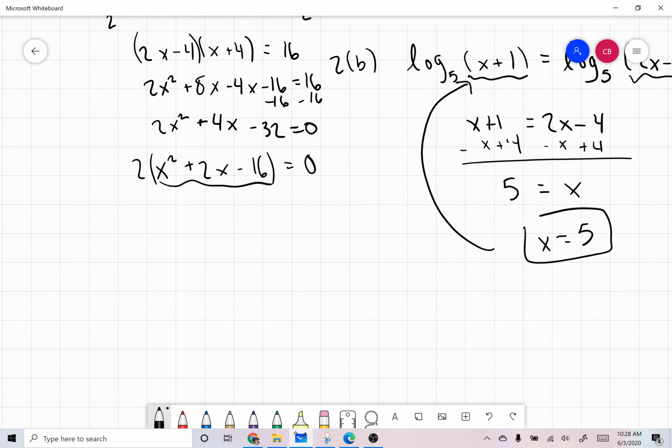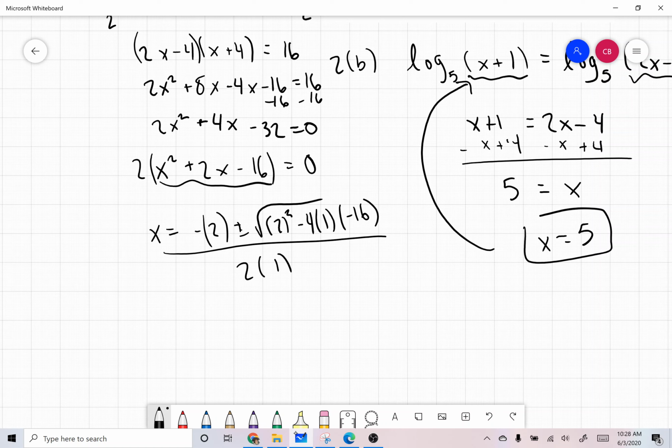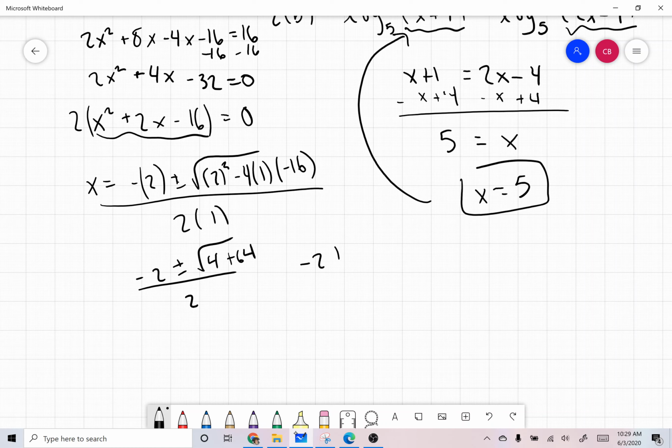Okay, so we're going to use the quadratic formula. x equals negative 2 plus or minus the square root of 2 squared minus 4 times a, which is 1, times c, which is negative 16, all over 2 times 1, which gives us negative 2 plus or minus the square root of 4 plus 64, negative 2 plus or minus the square root of 68 over 2, which is negative 1 plus or minus the square root of 68 over 2.